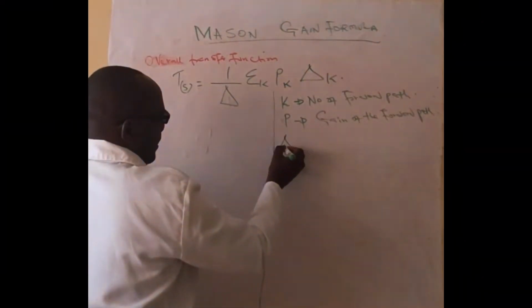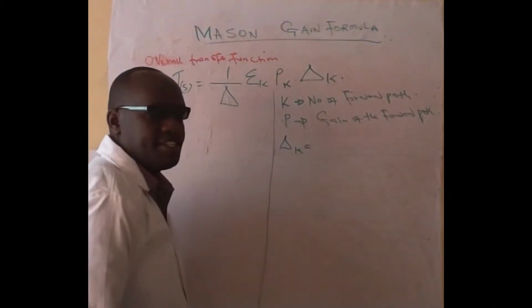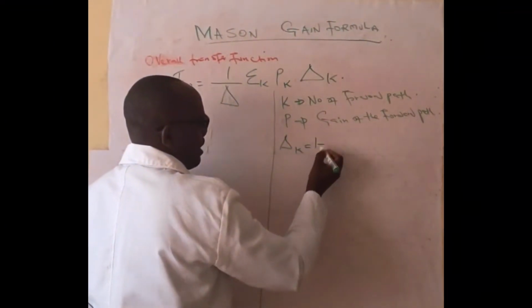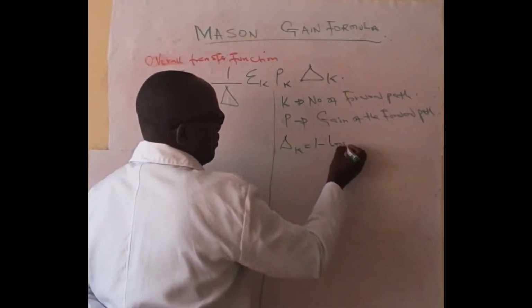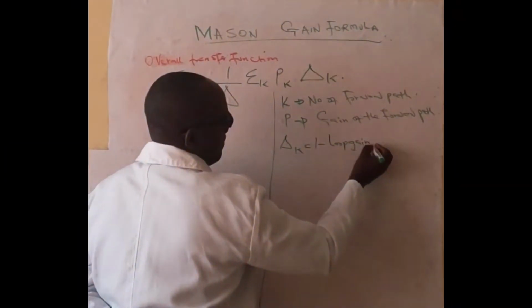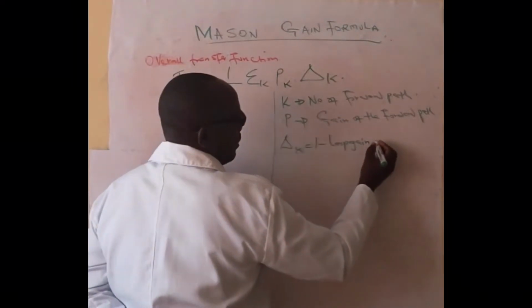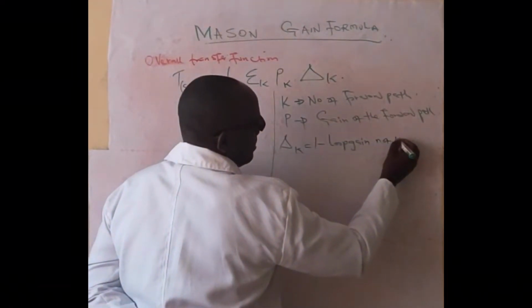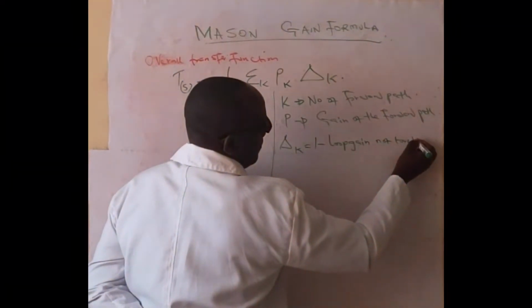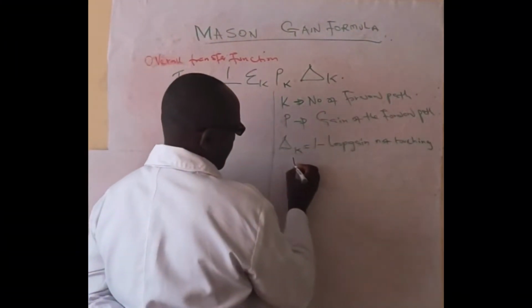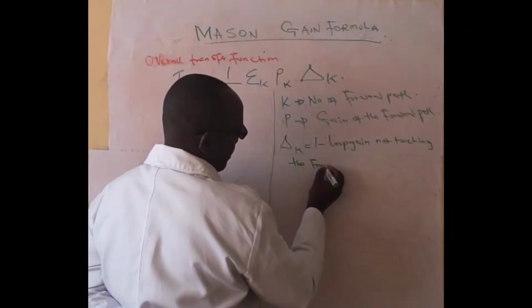Delta k is given by 1 minus the loop gains not touching the forward path.